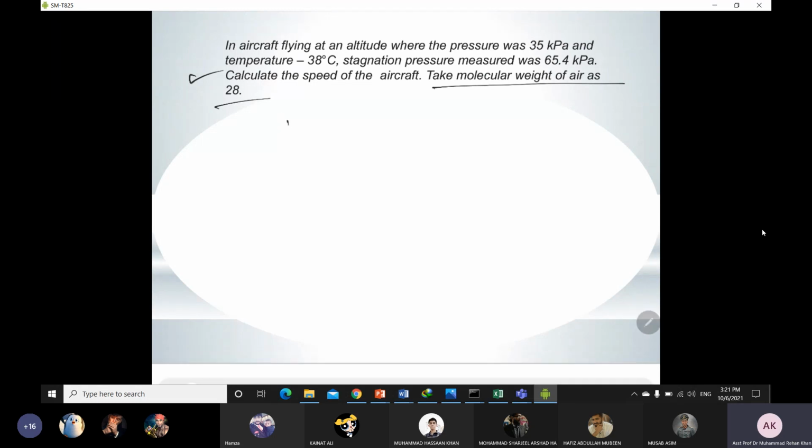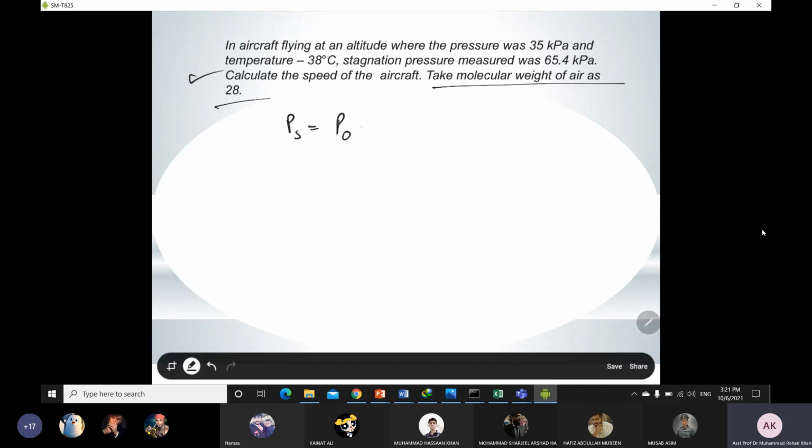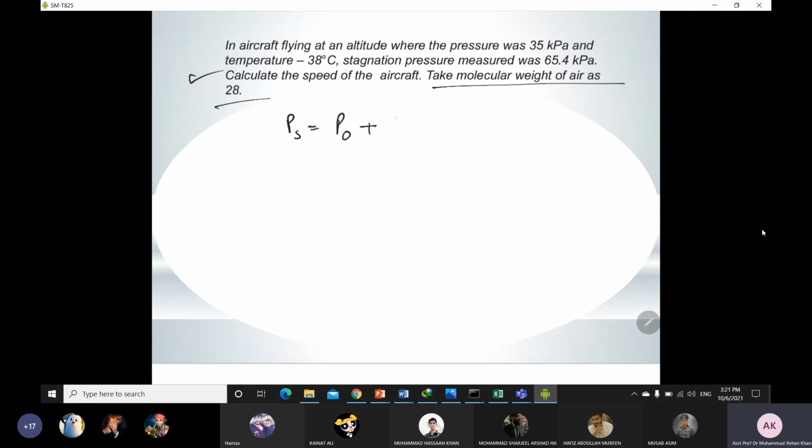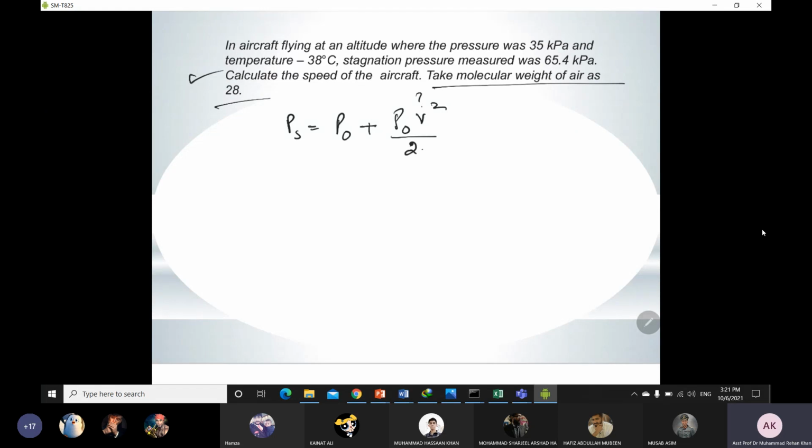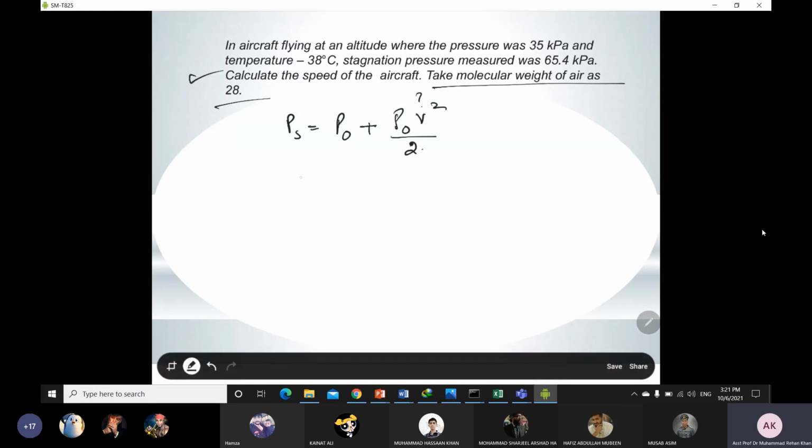From the relation you already know, stagnation pressure is equal to the pressure at the local point, which is at the starting point, plus rho naught v square divided by 2. This equation we have already developed in the previous slides as well. Our main interest is to find v.